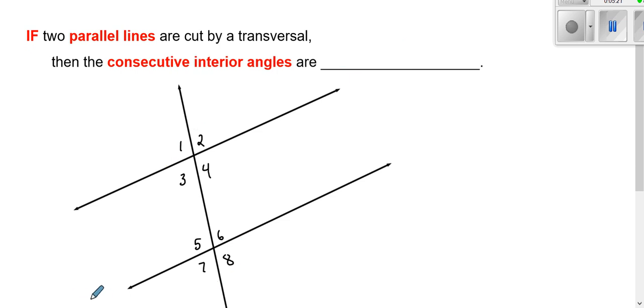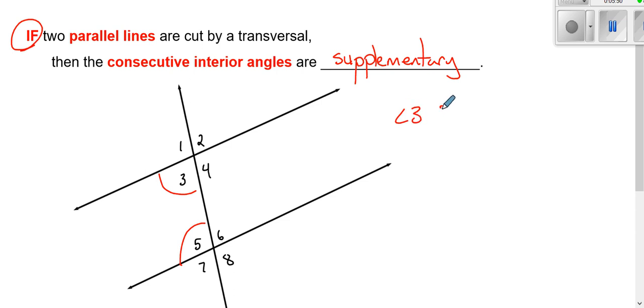Finally, our last pair of angles that we discussed was consecutive interior. And if and only if the lines are parallel, the consecutive interior angles are, I hope you remember this word, supplementary. Supplementary means that they add up to be 180 degrees. So that means that angle 3 and angle 5, not congruent, angle 3 and angle 5 are supplementary.